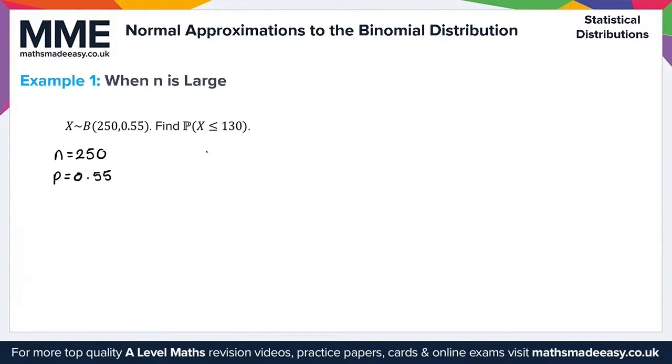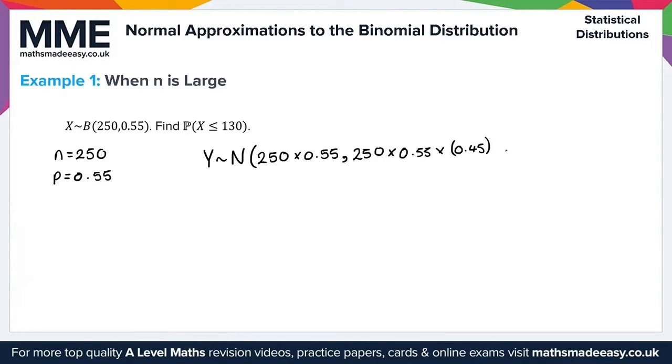So we write our approximation here as y. It's a normal distribution with mean n times p, so 250 times 0.55, and our second parameter here is 250, that's n, times p, which is 0.55, and then we times that by 1 minus p, so that's going to be 0.45 there.